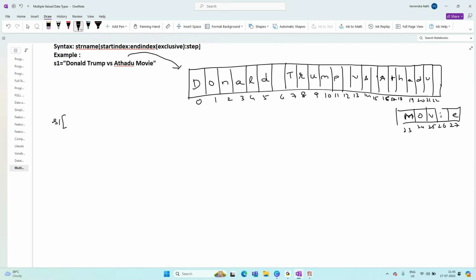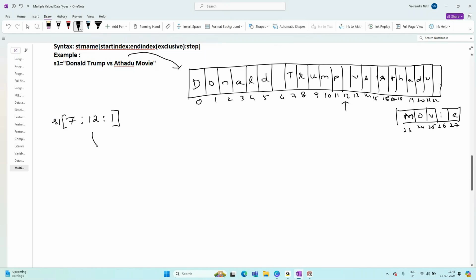Now the start index. I want to start at 7 and go on up to 12 with a step of 1.